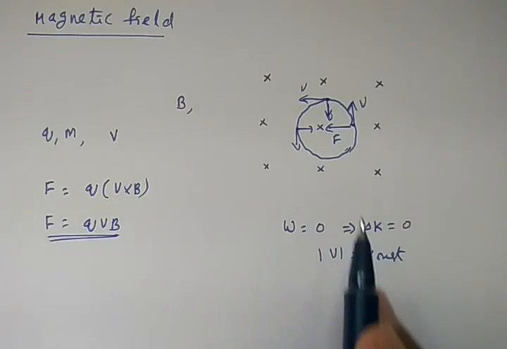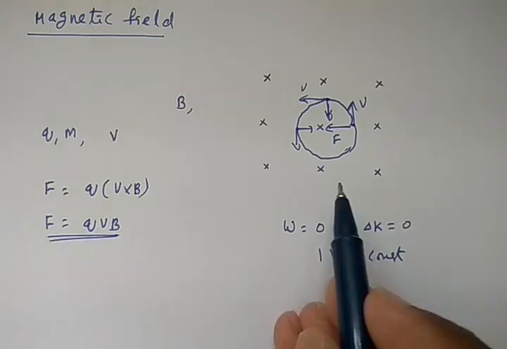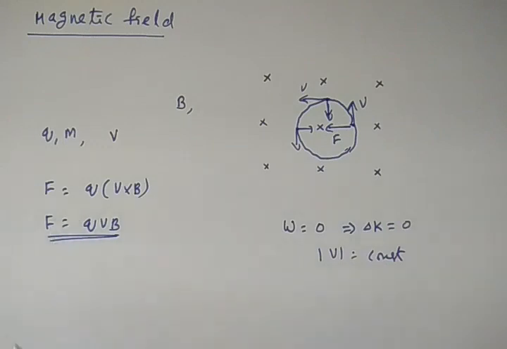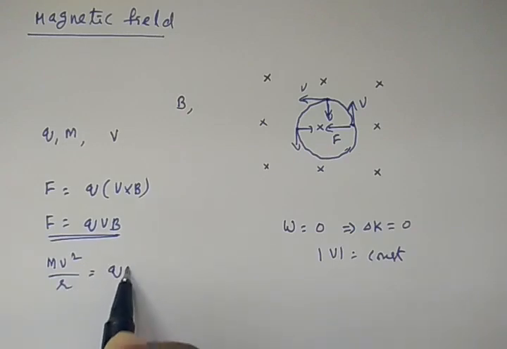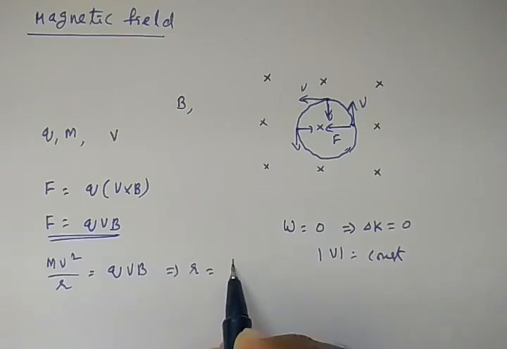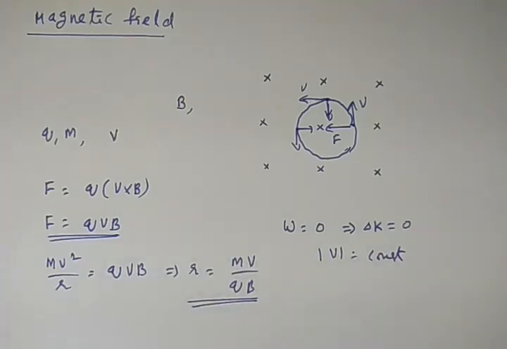Then the necessary centripetal force will be provided by this magnetic force. So that is m v square by r equals q v B. That implies r equals m v by q B. So this is the radius of the circular path.